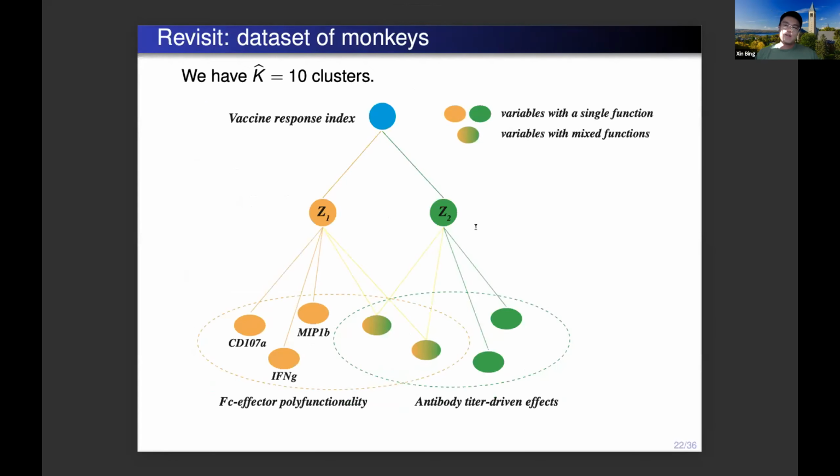So by applying this technique onto the monkey data set, we conclude that among those 10 latent factors, only 2 of them are significant for predicting Y, and they correspond to the FC factor, polyfunctionality, and antibody titer-driven effects. So this is perfectly aligned with the biological expectation, and our collaborator seems very happy with this result.